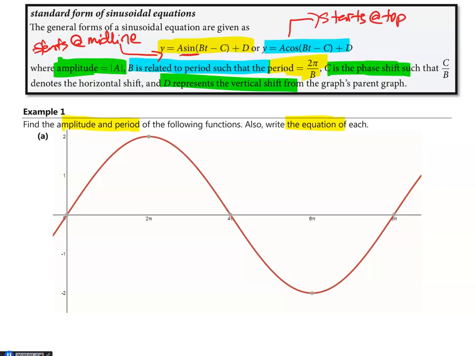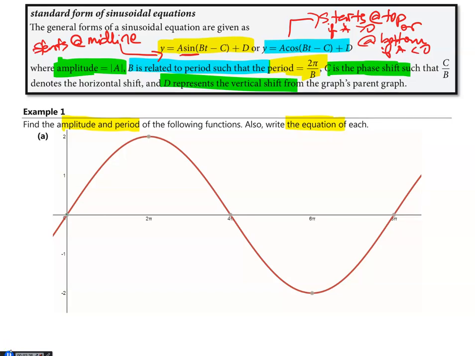That is, you have to take a look at your a. If a is greater than 0, it starts at the top, or at the bottom if your a is less than 0.